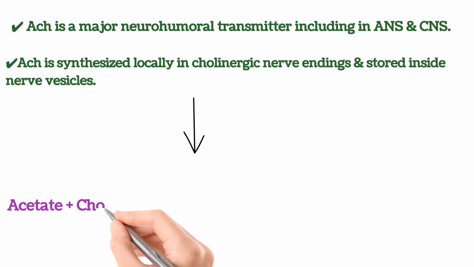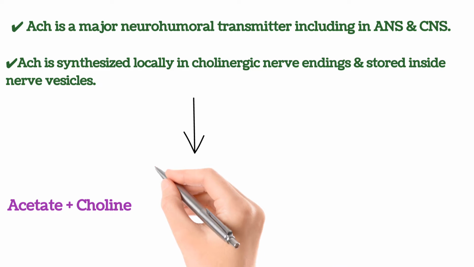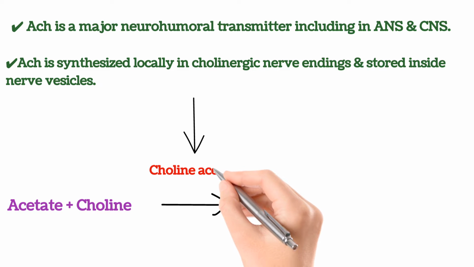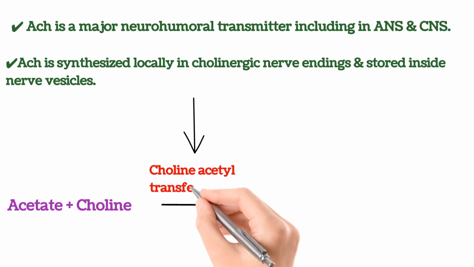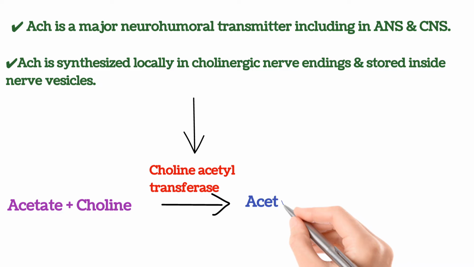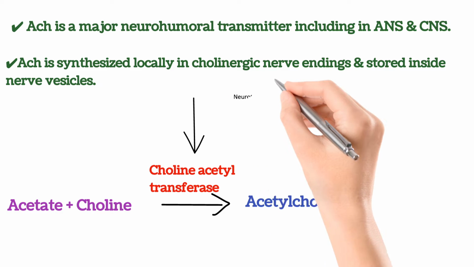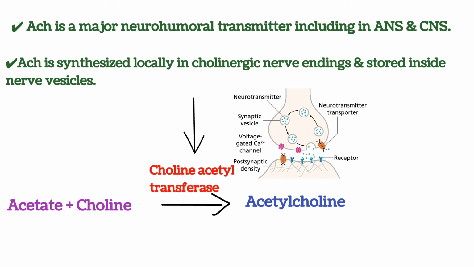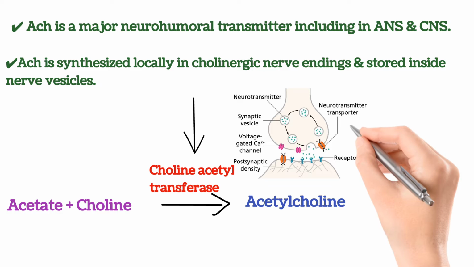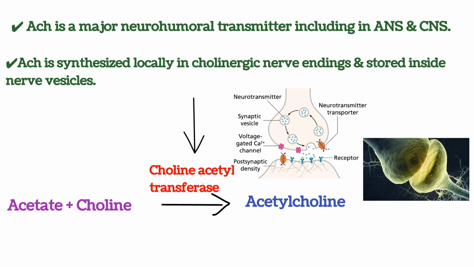In the presence of acetate and choline, when they combine together, the enzyme called choline acetyltransferase acts on these two compounds to produce a chemical called acetylcholine. Acetate plus choline produces acetylcholine, which gets stored in these small blue bubbles shown in this picture. We can consider them as nerve vesicles in the neuron where it gets stored.